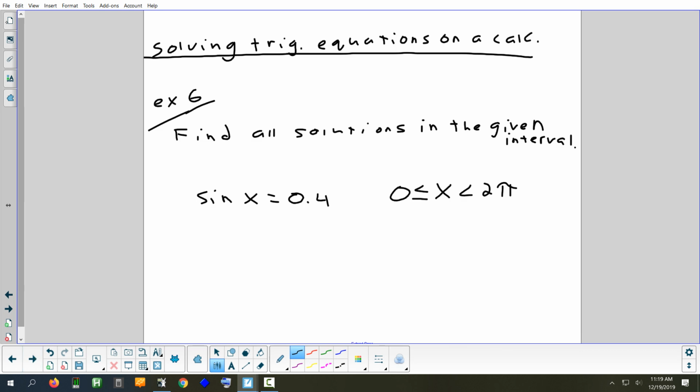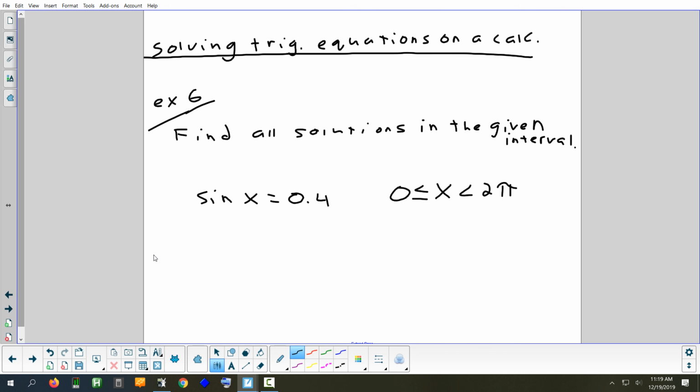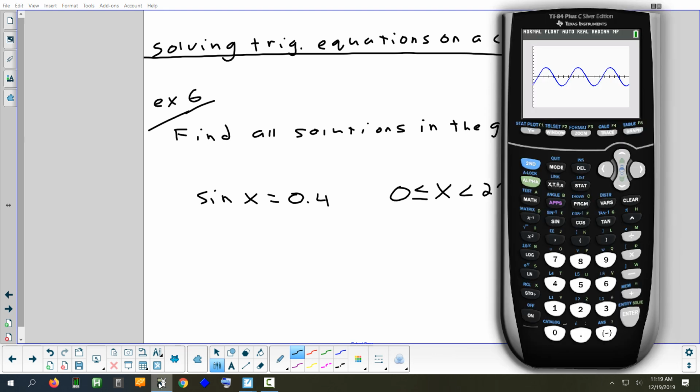So, the last thing we're going to look at is solving trig equations on the calculator. Now, I'm going to show you how to do it graphically. Graphically, not the fastest way to do this problem. If I had to solve this problem really quick by hand, I would cancel out the sine function by using something we don't know yet, but we're going to learn about in 6.5, called inverse sine.